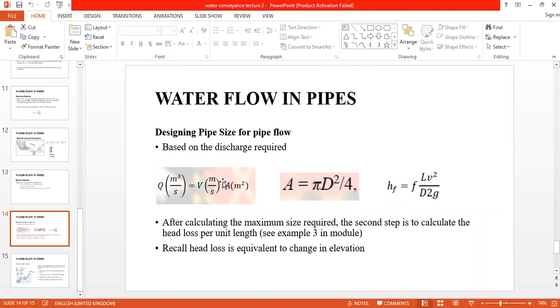And if we have that now, we can see that in this equation now, the only thing that we know is the discharge. We don't know the velocity, and we don't know the diameter. But now, because we had this other equation as well for head loss, which has those two parameters, velocity and diameter, we can now solve these equations simultaneously.